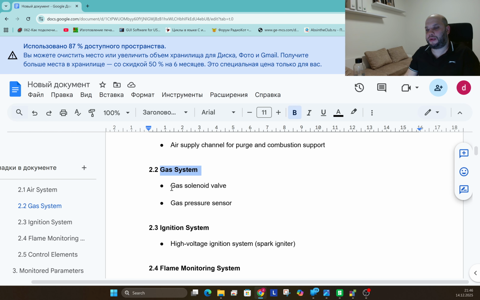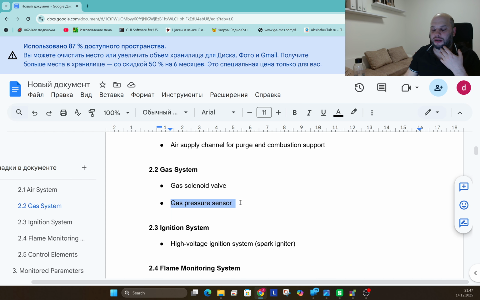Gas system, gas solenoid valve. I have seen in such systems that sometimes the company is using at least two solenoid valves, or different types of valves, like solenoid valves, or like a ball valve with return spring, something like that. Actually it's quite complicated.